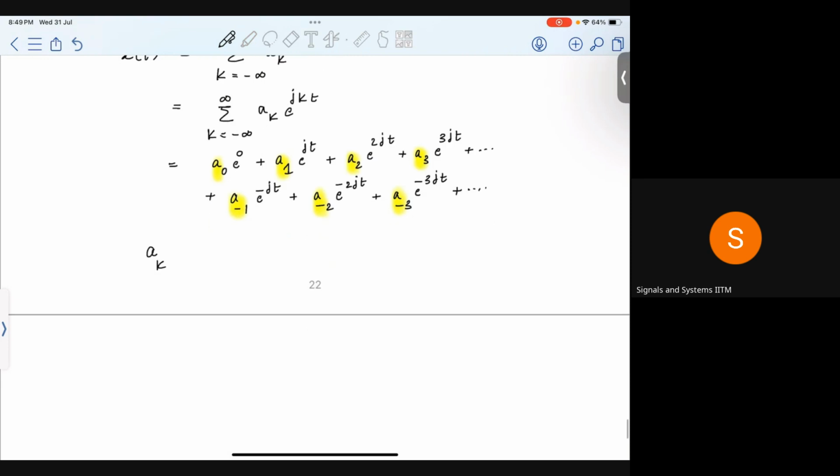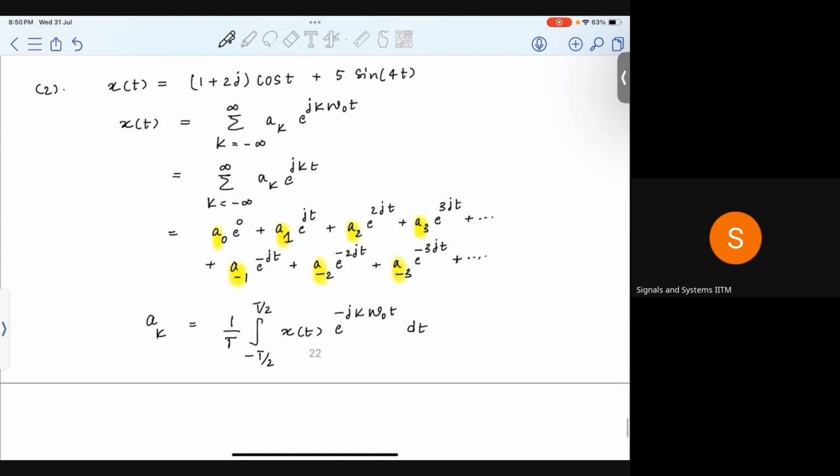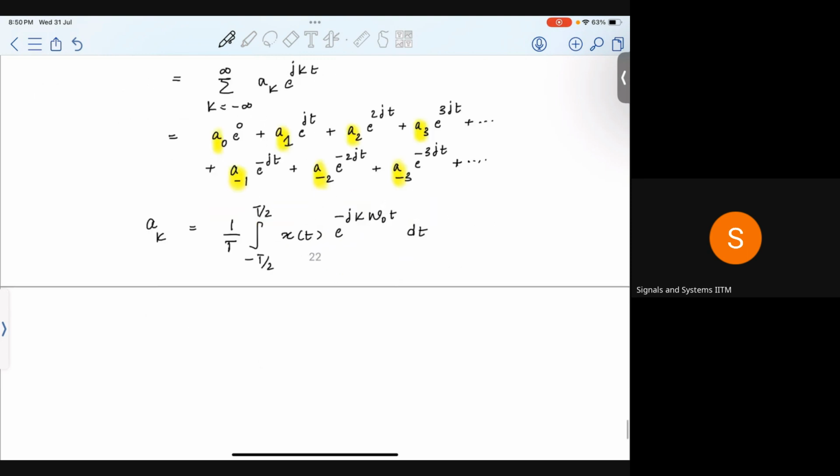So we know the nice formula. You substitute your signal x of t in this and then you find the integration. That is one way.